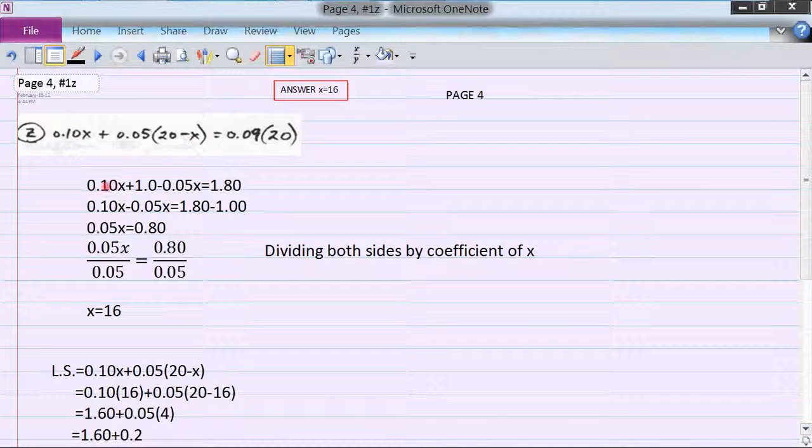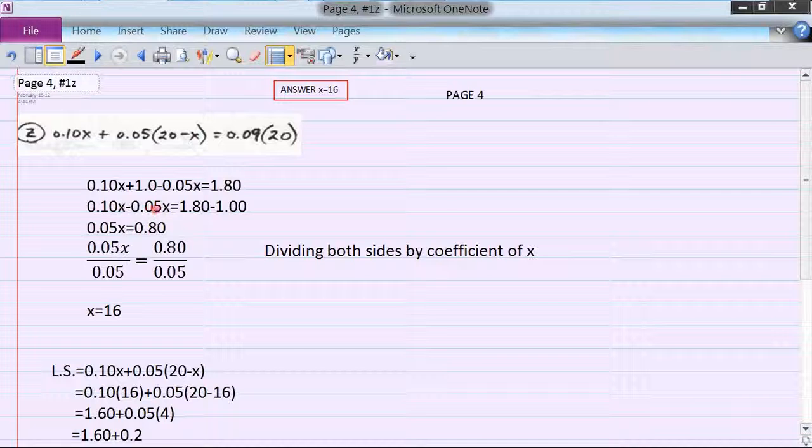So we have 0.05x, 0.1x minus 0.05x are these two right here. And this one, the only difference is this one term here is transposed and made minus.